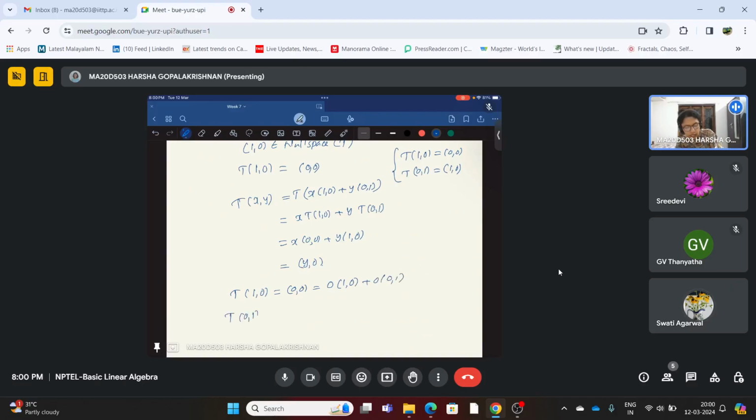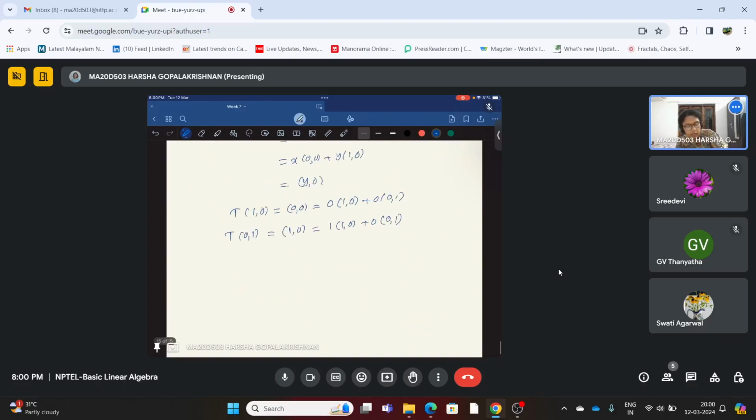And T of (0, 1) is (1, 0), that is 1 times (1, 0) plus 0 times (0, 1). Then the matrix representation of T has these coefficients written in columns: 0 0 1 0. This is how we write the matrix representation.